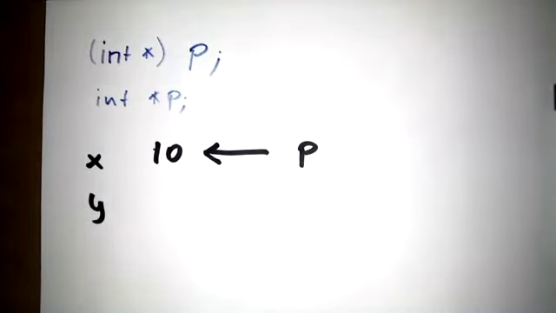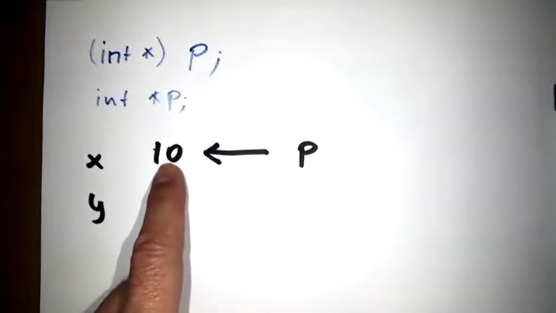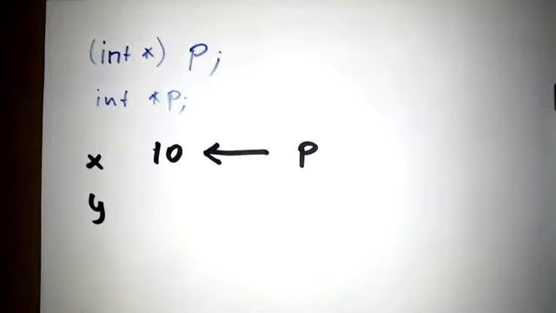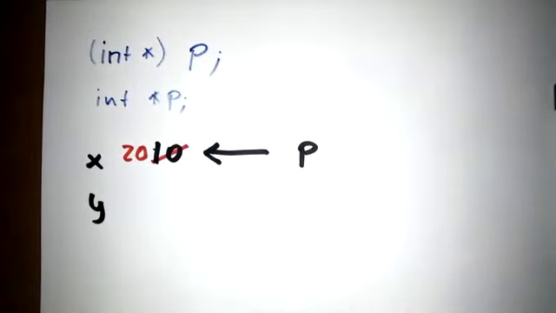So that when you then say star P equals 20, it means that we are dereferencing the address of P, which is this memory cell here. And star P equals 20 will have the effect that this value is replaced by 20. So if you now ask what is the value of x at this point, it has been indirectly changed through that star P equals 20.